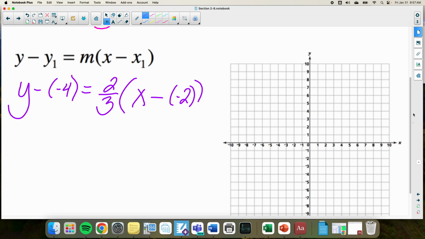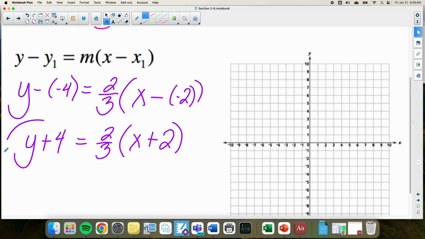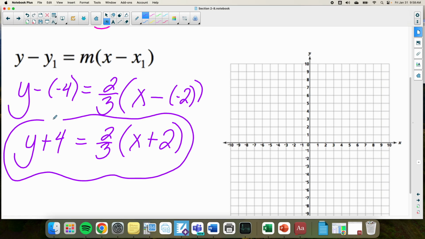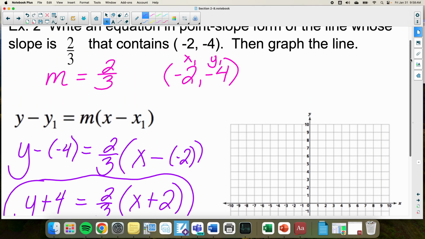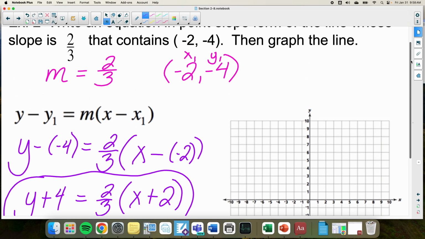So when I rewrite this, I just rewrite it to make it y plus 4. And then it's going to equal 2/3 times, two negatives become positive, so it's x plus 2. And that's how I leave this. Okay? Now what they want us to do is graph that point and that slope.